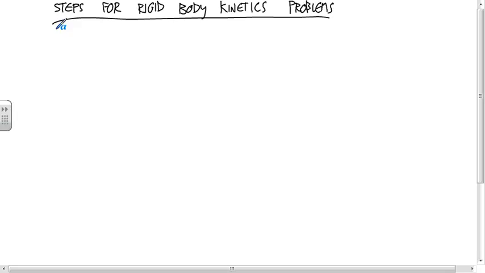You don't have to follow these, but it does make sure that you don't miss any steps, forget to do anything that you have to do. Okay, so the first thing you have to do when you know you have a rigid body kinetics problem is figure out, is it rotating about a fixed point or not?